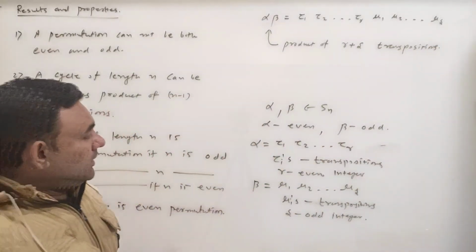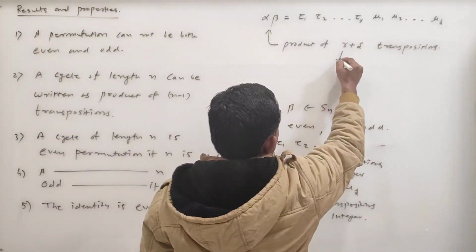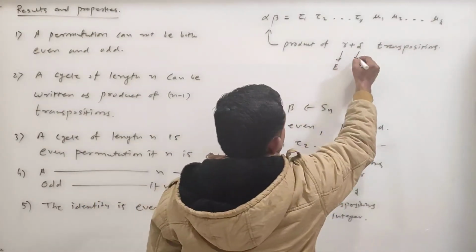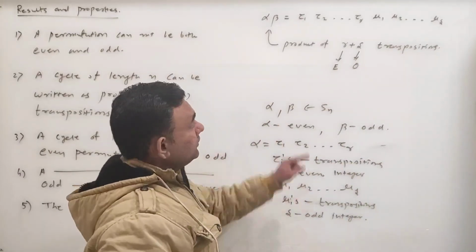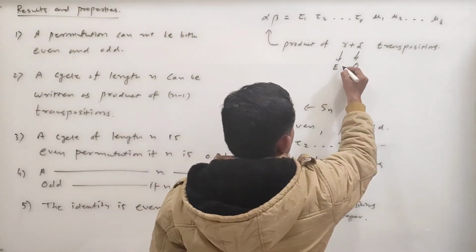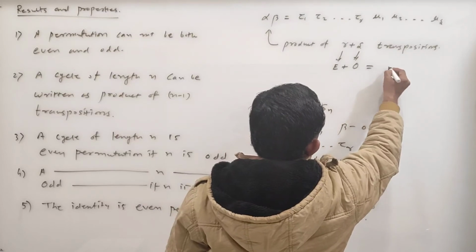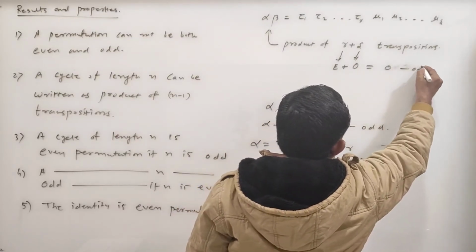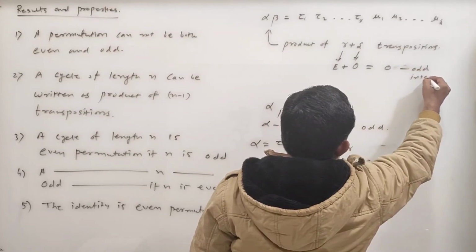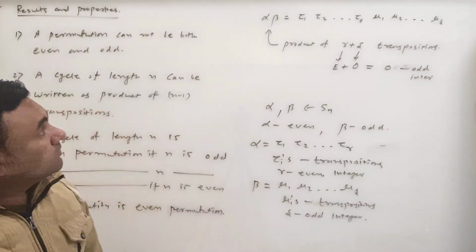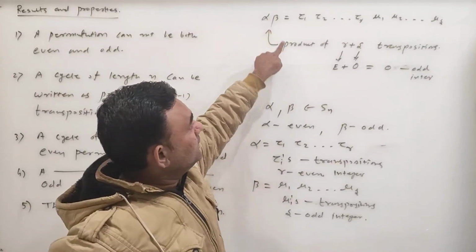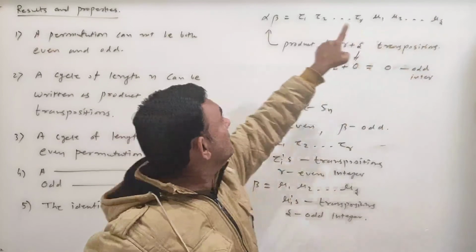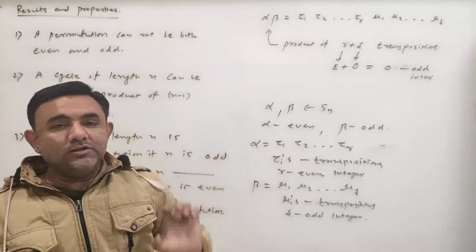Now r is even and s is odd, and both are integers. So even integer plus odd integer is an odd integer. So what we have proved: alpha into beta is a product of an odd number of transpositions, so alpha into beta is an odd permutation.